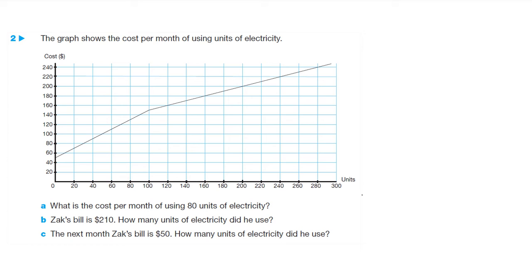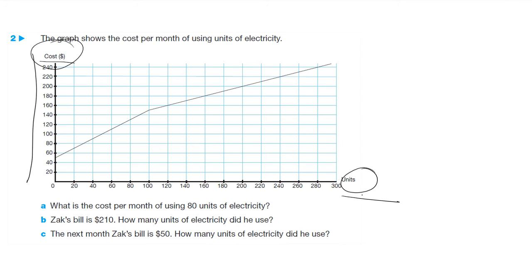Let's check out another example. The graph shows the cost per month of using units of electricity. They have given you the cost in dollars on the y-axis and units along the x-axis. So we have to solve the parts by using the estimated value by looking at our graph. What is the cost per month of using 80 units of electricity?